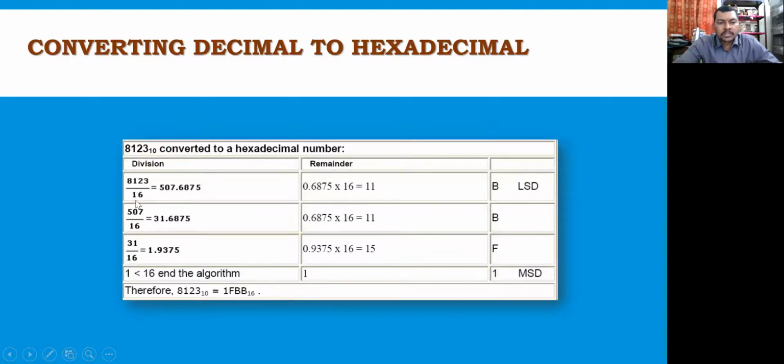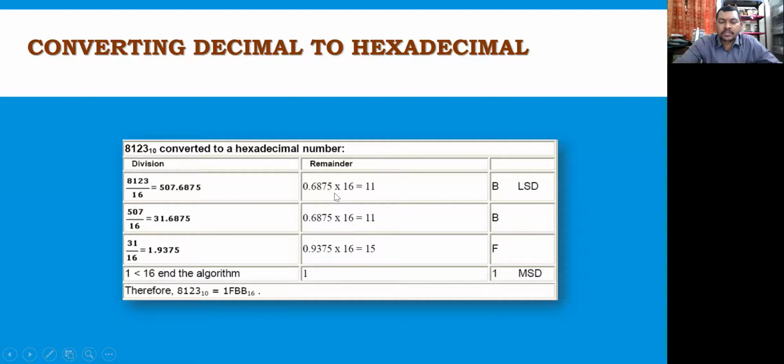If you are able to see, they have generated some fractional numbers over here, and then they have multiplied it by 16, so you get this remainder. That is one way, or you can divide it, and directly if it is less than 16, you can write it. So you don't need to divide the whole number as such to get a fractional output. But yes, this can be a method to convert that.